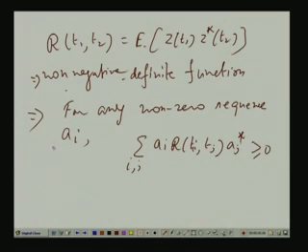You pick up any non-zero sequence A_0, A_1, A_2, A_3 like that, where you only guarantee that not all the values of the sequence are 0. Then for any choice of i and j, if you carry out this summation of A_i R(T_i, T_j) A_j star, this will be real and greater than or equal to 0.